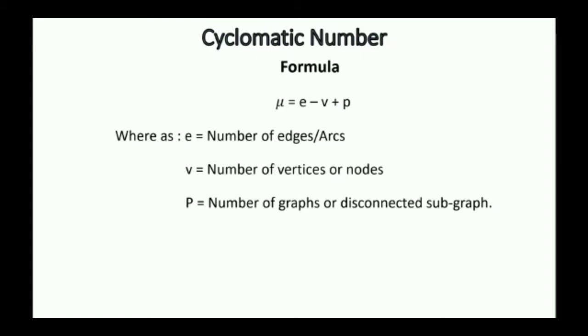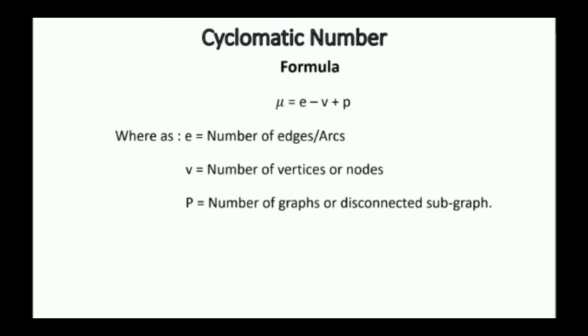The more edges in the network, the greater the number of circuits. In order to find the cyclomatic number, it is necessary to count the number of edges, subtract the number of nodes, and add 1 to it.